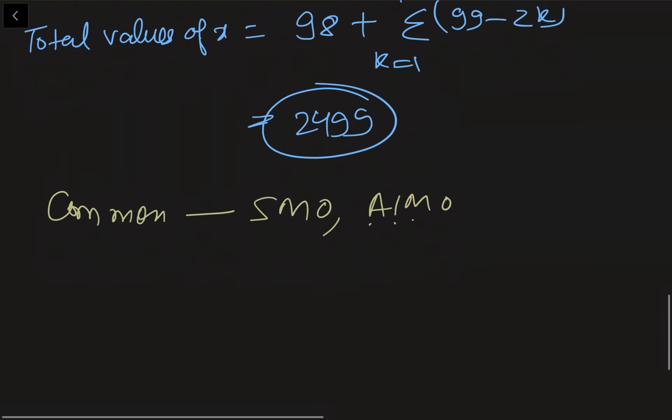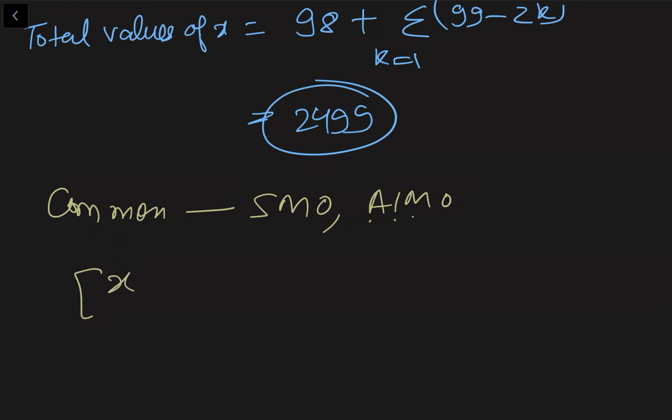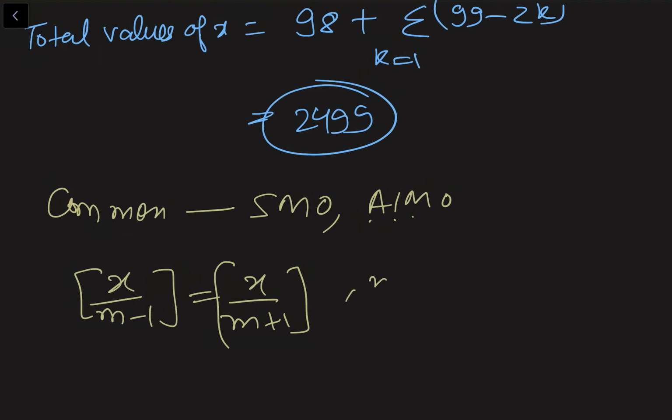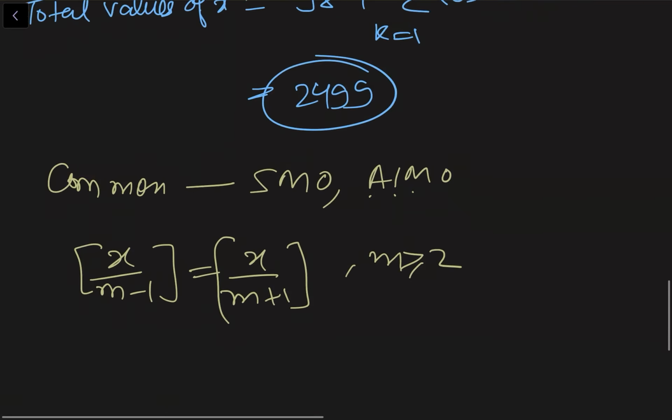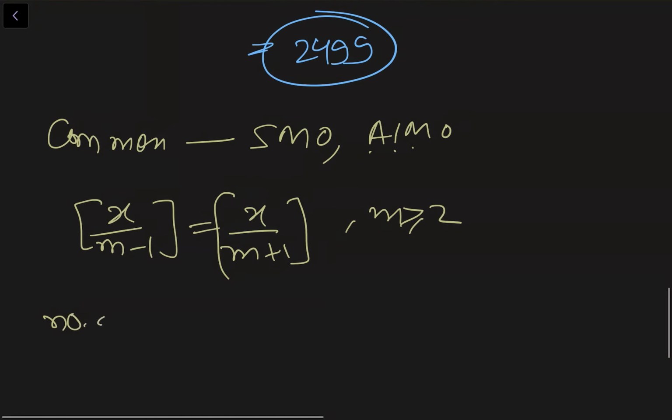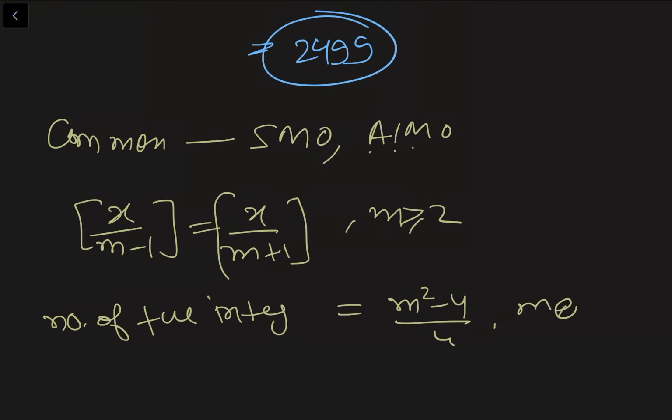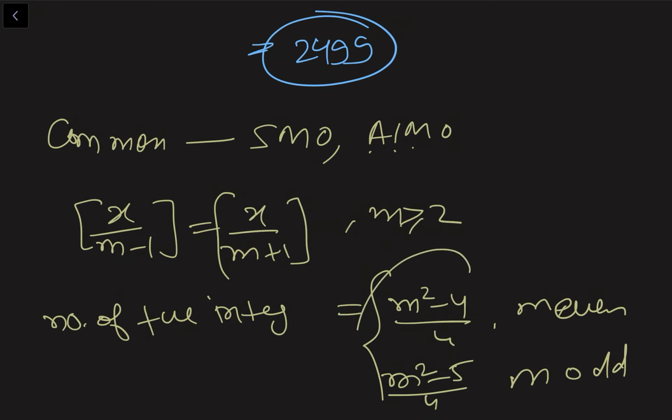Whenever we get something like the integral part of x by m minus 1 equal to the integral part of x by m plus 1, for m greater than or equal to 2, the number of positive integers is (m square minus 4) by 4 if m is even, and (m square minus 5) by 4 if m is odd. These are the two possible values.